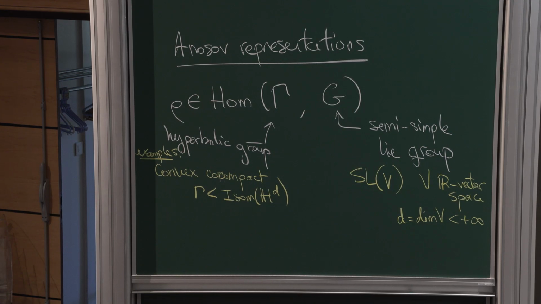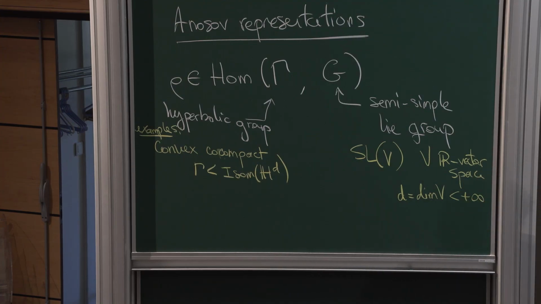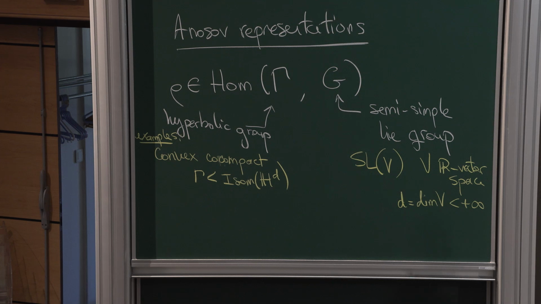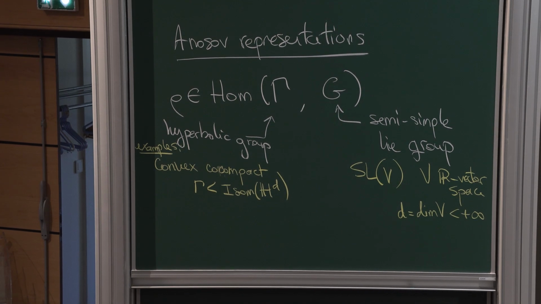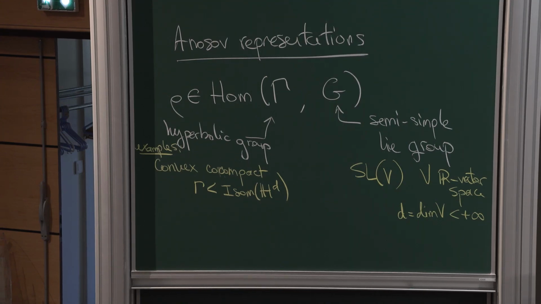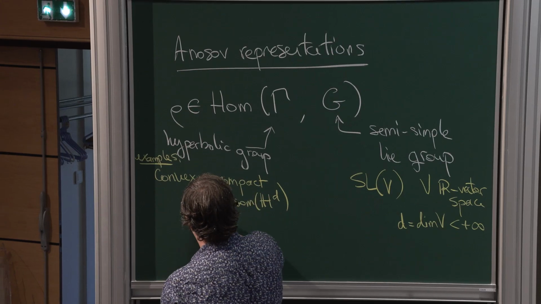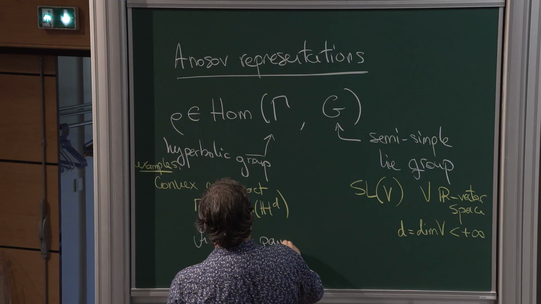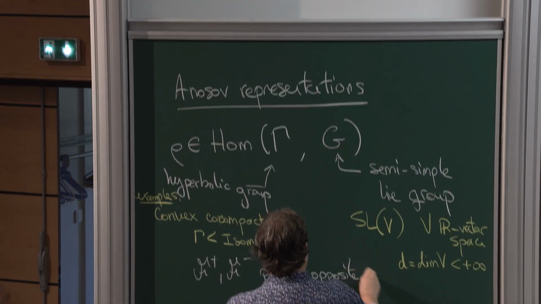And when you go into definitions of Anosov representations, you have to make some choice other than just the Lie group G, and you have several ways of stating this. I like to state it in terms of flag manifolds. So say a pair of opposite flag manifolds.